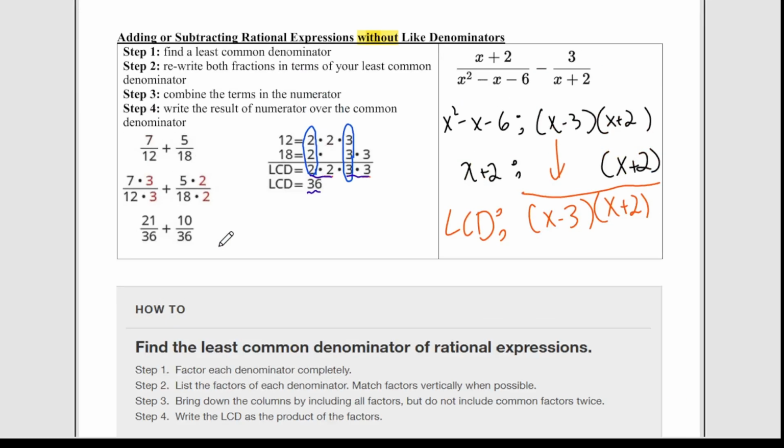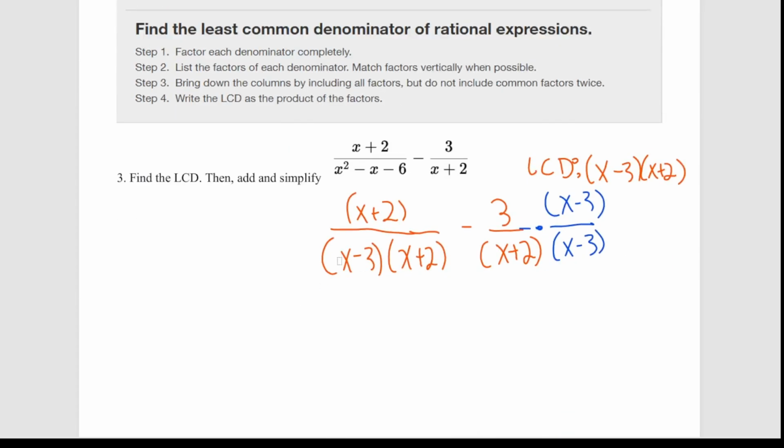Just like we would do in regular numbers, if I had 7 over 12 and I wanted to turn that to being over a least common denominator of 36, I would multiply both the top and the bottom by 3. In that case, the part of the least common denominator that fraction was initially missing in its denominator. Same deal here. This fraction is missing x minus 3, and if I multiply the denominator by x minus 3, I also have to multiply the numerator by x minus 3.